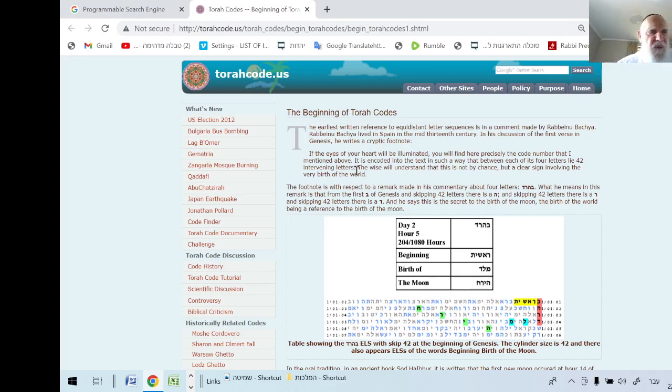Also, 42 is the letters Mem Bet, which is Maaseh Bereshit, the deed of the creation. So in this sequence of letters, says Rabbeinu Bachye, the wise will understand that this is not by chance, but a clear sign involving the very birth of the world, which is really the birth of the moon.